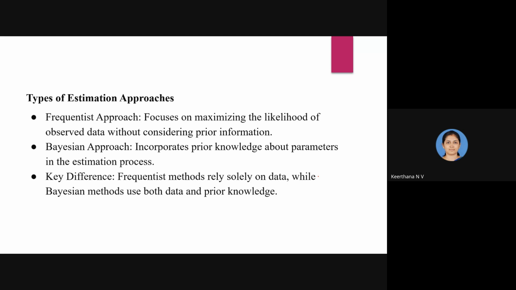So what is the key difference? Frequentist mainly depends on data, while the Bayesian approach uses the data and also the prior knowledge, meaning what happened before. It means finding the probabilities between the future and past. So it is better to go for a Bayesian method instead of a frequentist one.